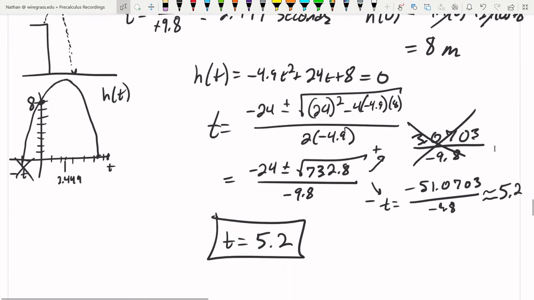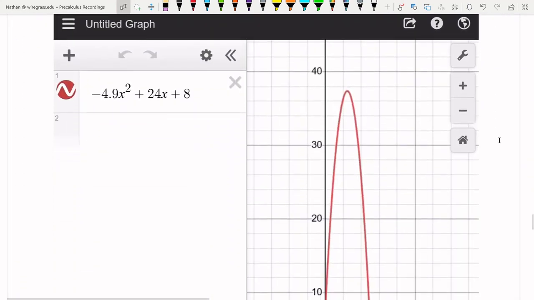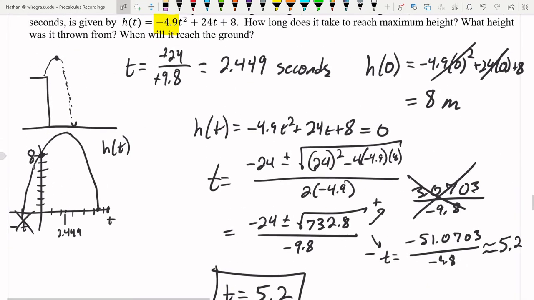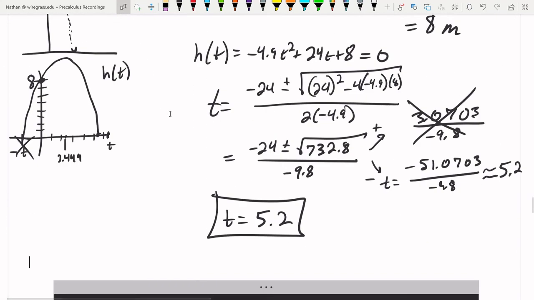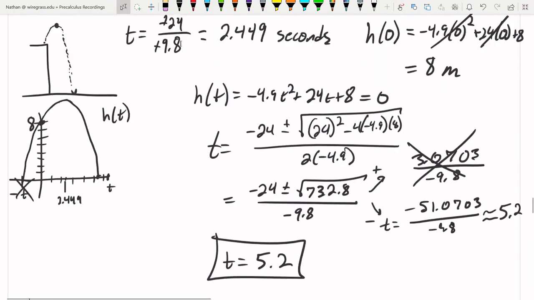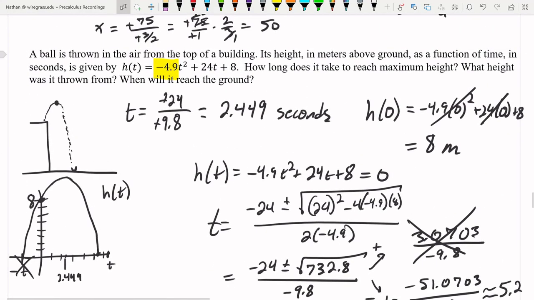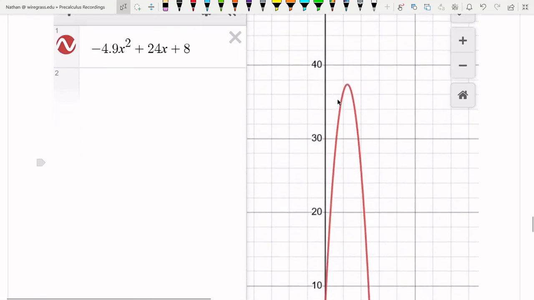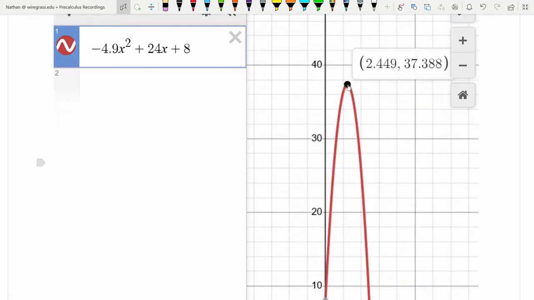Okay, and I just wanted to show this real quick. The actual graph, we know what the equation is. We can see that my graph was way off because I didn't draw it very high. I drew it like this, but it actually was a lot higher than that. And so I just plotted this actual function here. And you can see that the vertex is at 2.449.